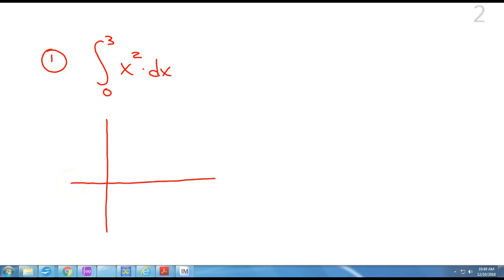So, let's say that I gave you the integral from 0 to 3 of x squared times dx. If I sketched that, this would be 0, this would be 3, and what I'm looking for is that area.